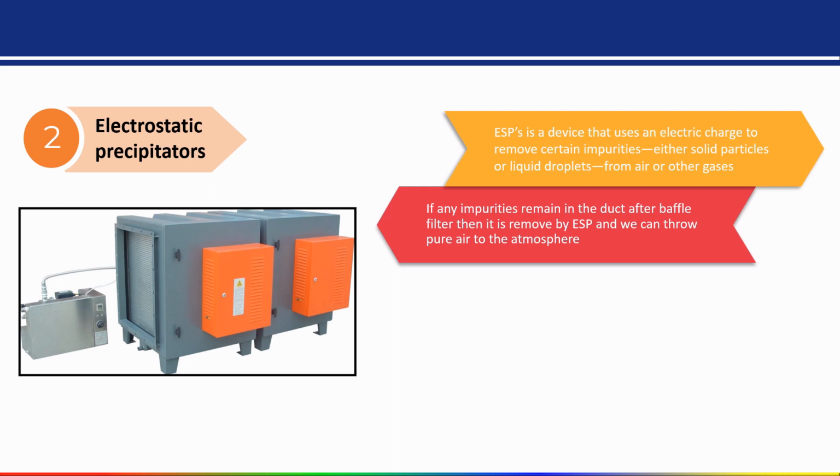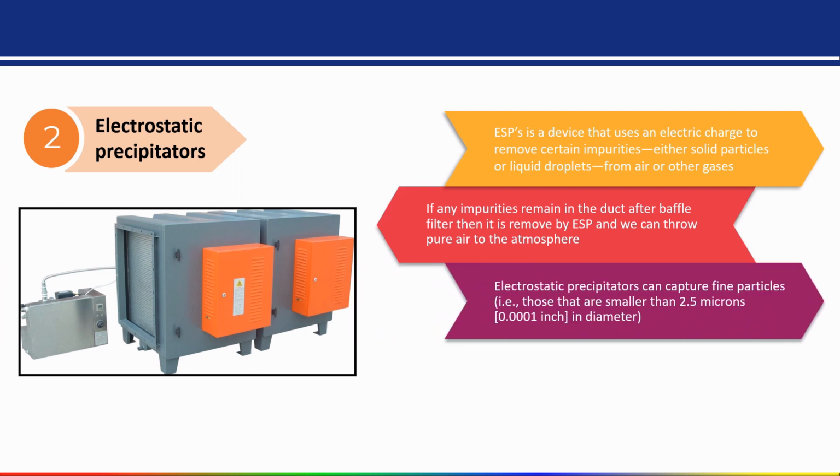Suppose any impurities remain in the duct after the baffle filter, then they are removed by the ESP and we can throw pure air to the atmosphere. And remember, an electrostatic precipitator can capture fine particles, that is, those smaller than 2.5 micron. It means 0.0001 inch in diameter. That much fine particle it can capture.